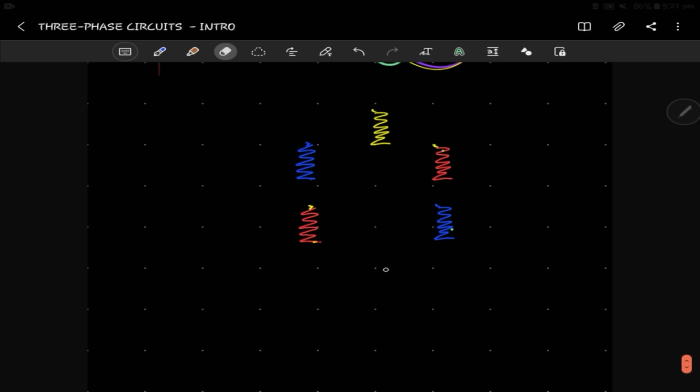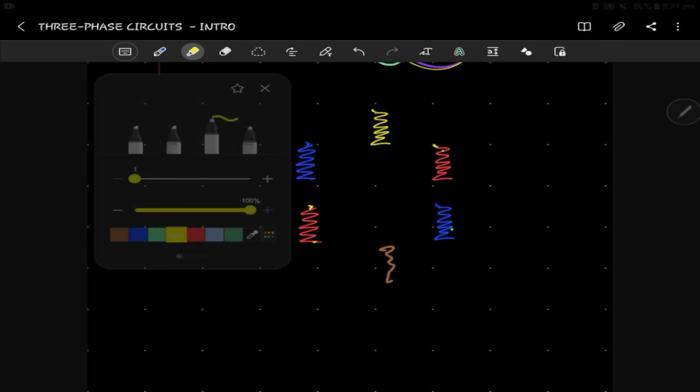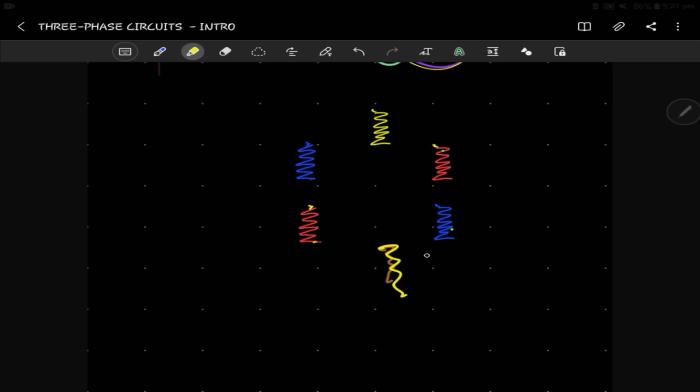All right. Oh, there was this one yellow here. So the yellow is here. If we take the endings out, we take the end of the yellow out, we take the end of the red out, and we take the end of the blue out. You get something like this.